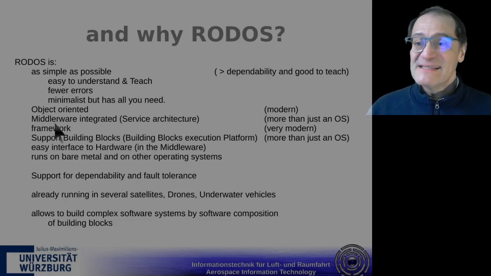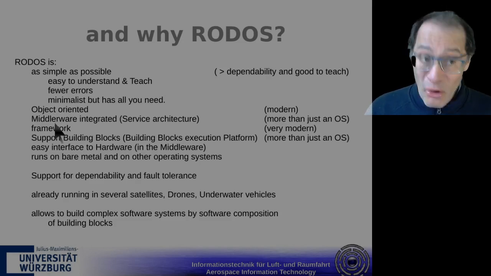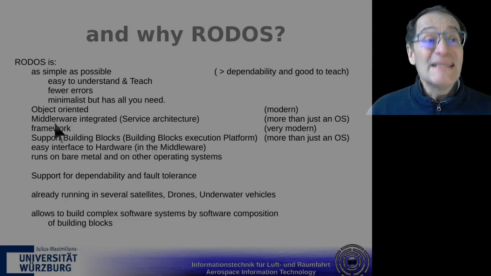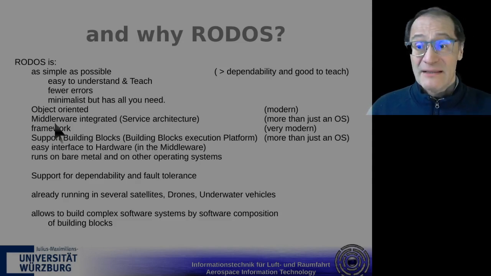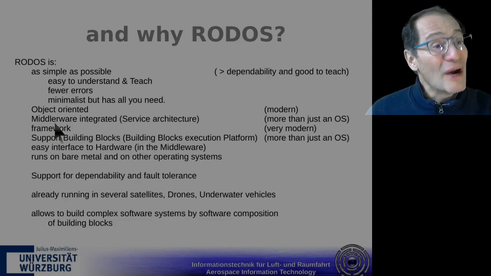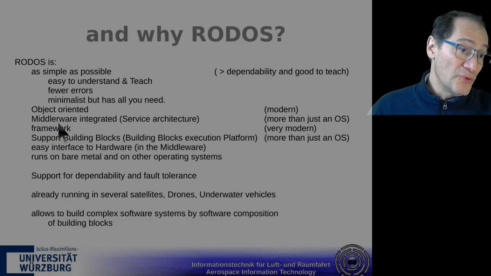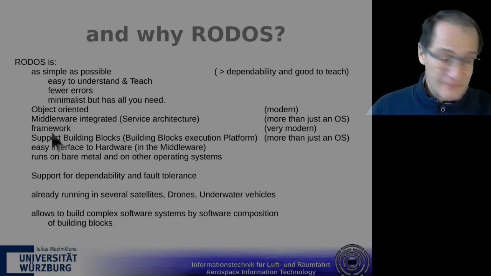The next thing is it has an integrated middleware for communication. It's more than an operating system. And this middleware is what we need for distributed applications, for a distributed operating system. Therefore, we can say we are going one step toward a distributed operating system due to this middleware communication. Then it's a framework.